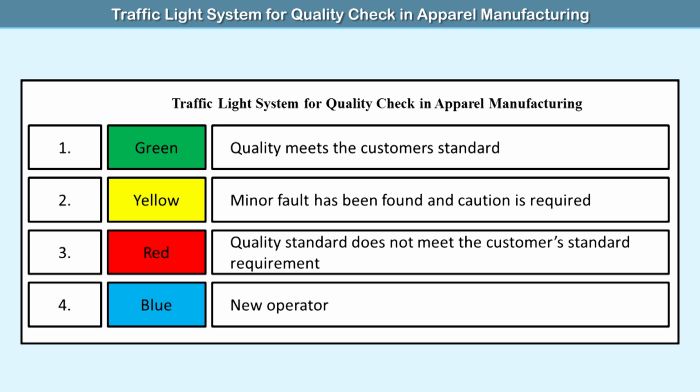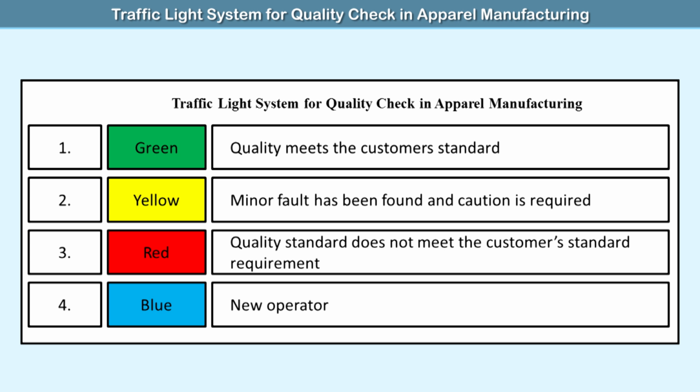For example, the green represents quality meets the customer standard. Yellow, minor fault has been found and caution is required. Red, quality standard does not meet the customer's standard requirement.